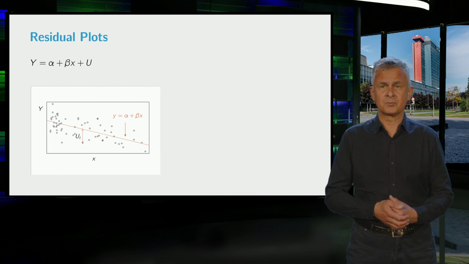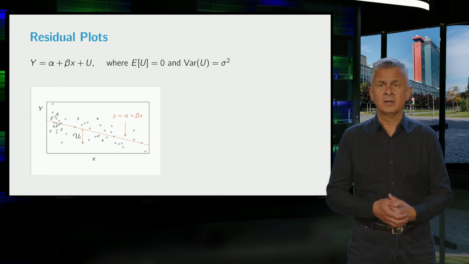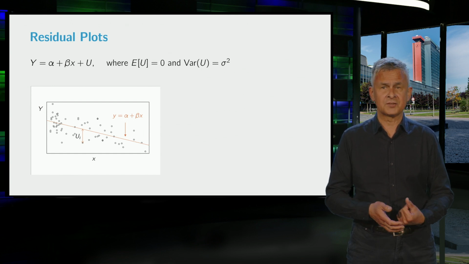According to the model assumptions, the observed y variable is equal to a measurement error added to the linear relationship with the x variable. Furthermore, these measurement errors are assumed to have mean zero and the same variance.